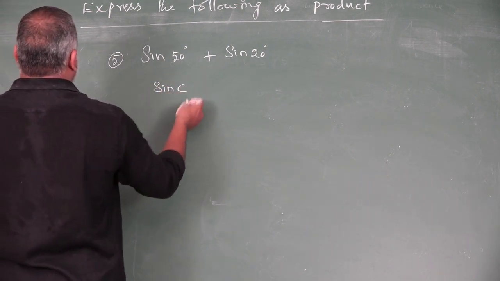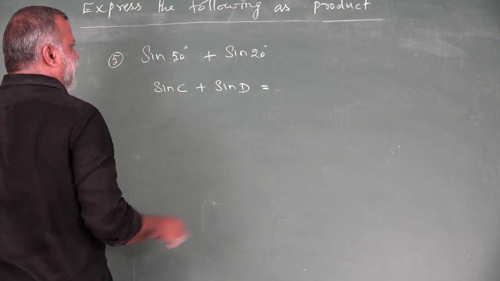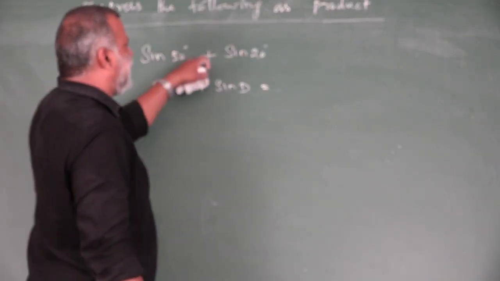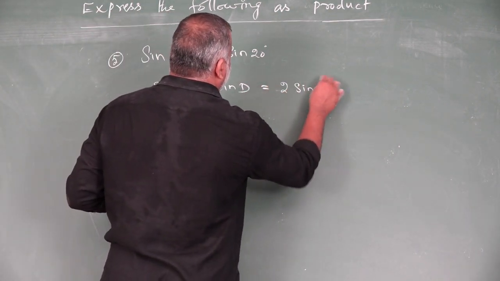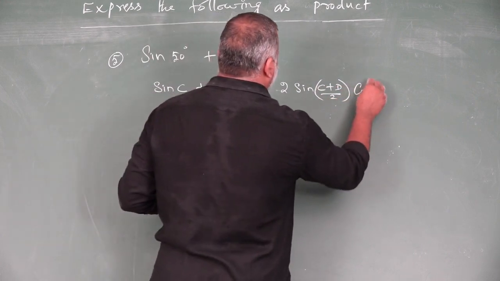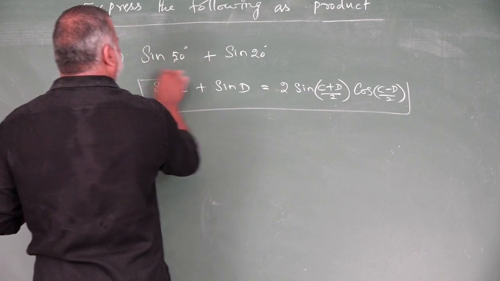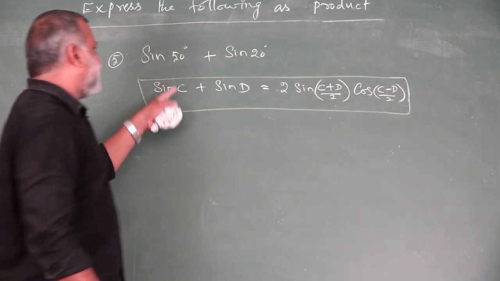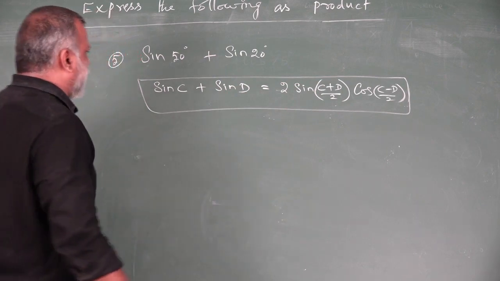It is in the form of sin C plus sin D. I am giving the formula. Sin C plus sin D is 2 sin C plus D by 2, try yourself, then cos C minus D by 2. So use this one. Then substitute 50 instead of C, 20 instead of D. Simplify, you can get the result.